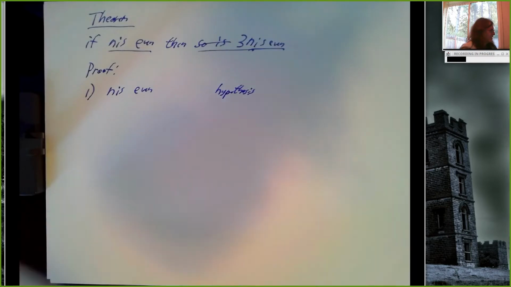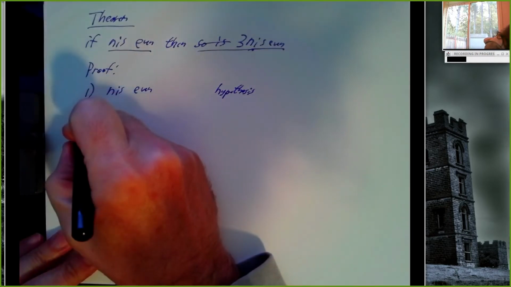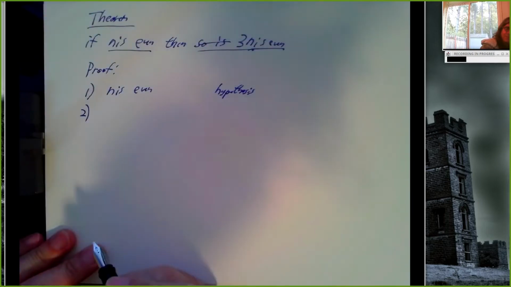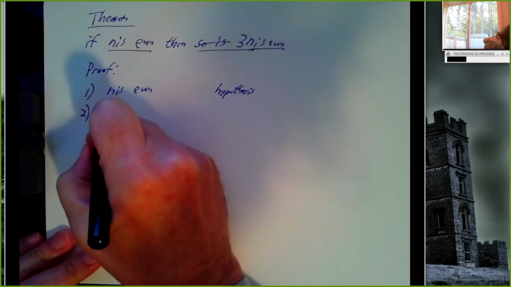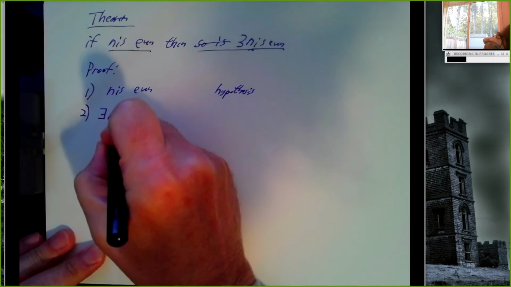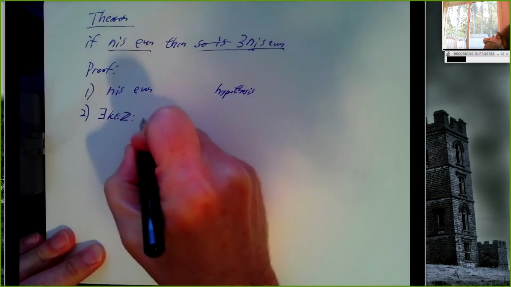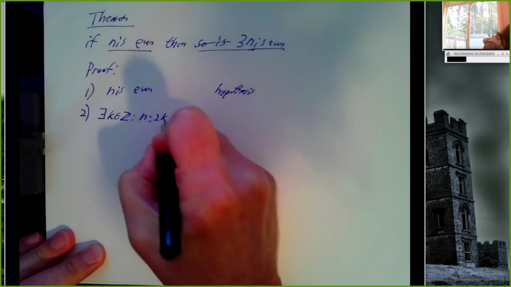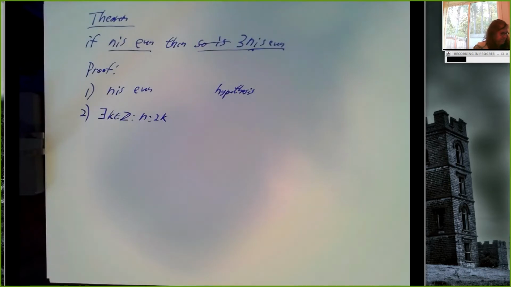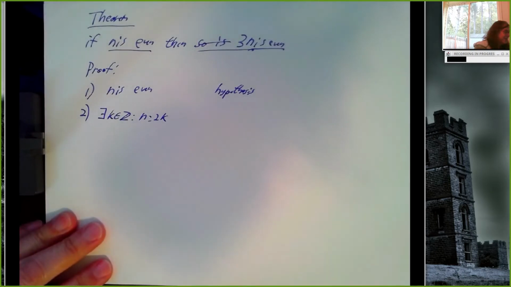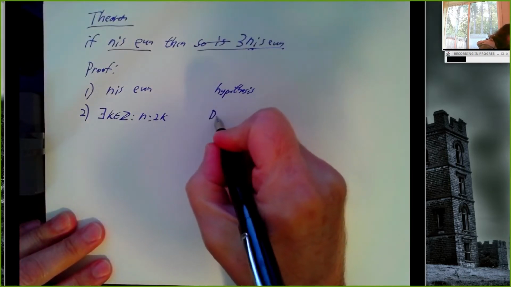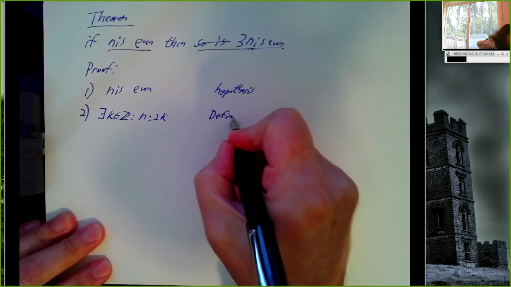So I'm going to write that down, because I'm allowed to write down anything that's true based on what I've already written. I'm going to say there exists some integer k in Z such that n equals 2 times k. My justification for that is going to be definition of even.